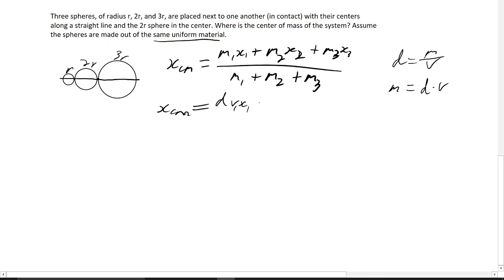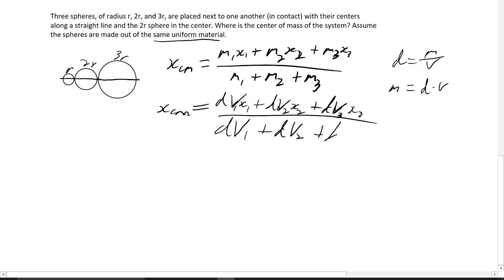We substitute in d V1 x1 plus d V2 x2 plus d V3 x3, and I should do capital V to show it's volume and not speed, divided by d V1 plus d V2 plus d V3.